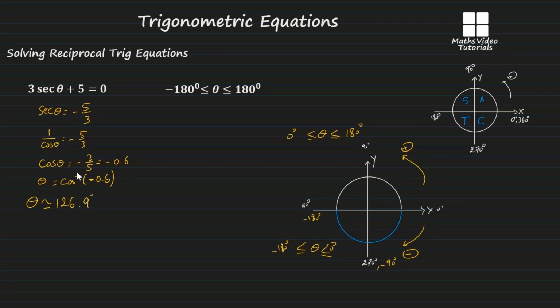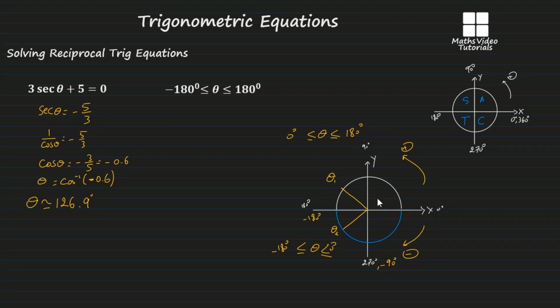Now, because our cos function is negative, according to the CAST diagram, we should expect two solutions, one in the second quadrant and another one in the third quadrant. So we would have one here and one here. I'm going to call this one theta 1 and this one theta 2.